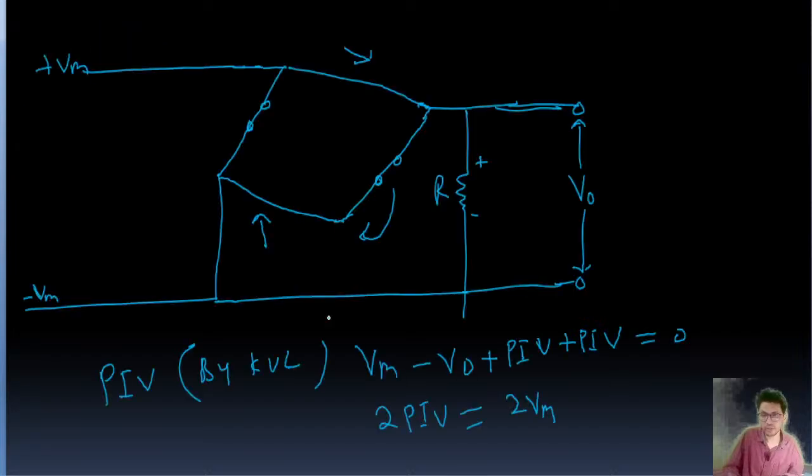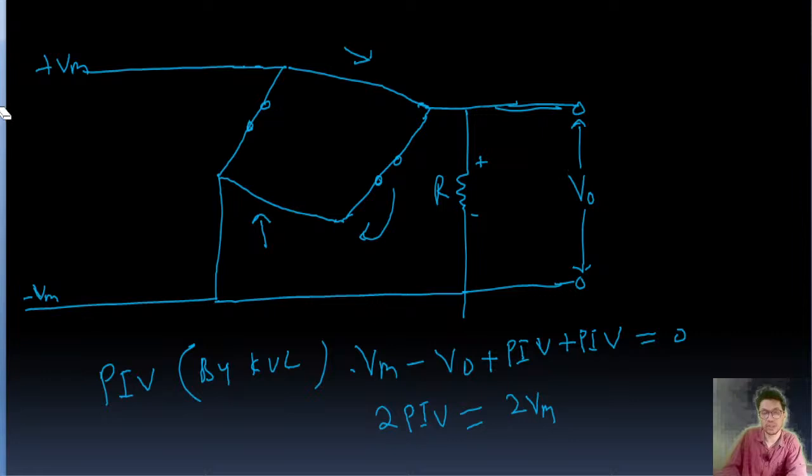The value of V0 is minus Vm, right? So we have used KVL and we got this value.